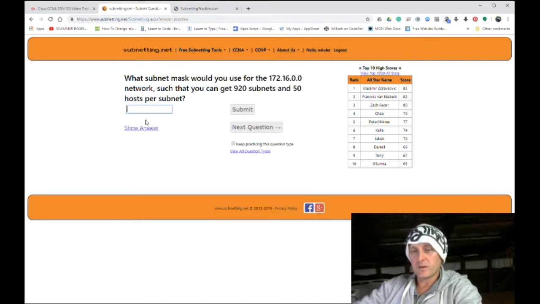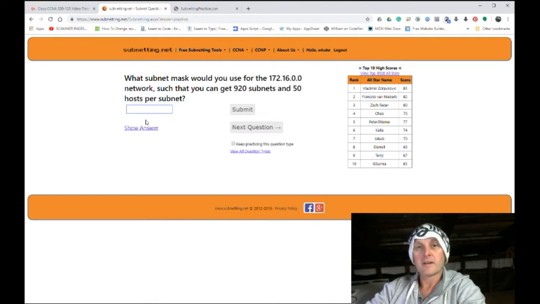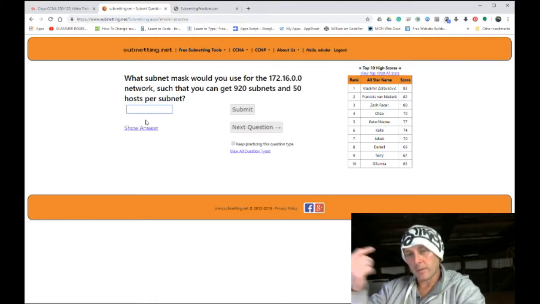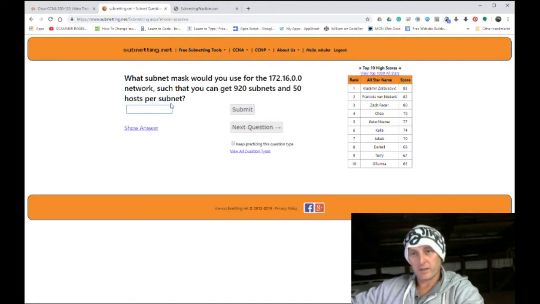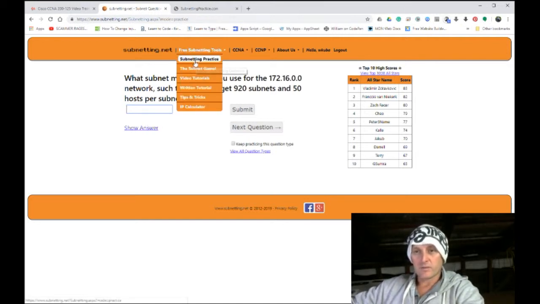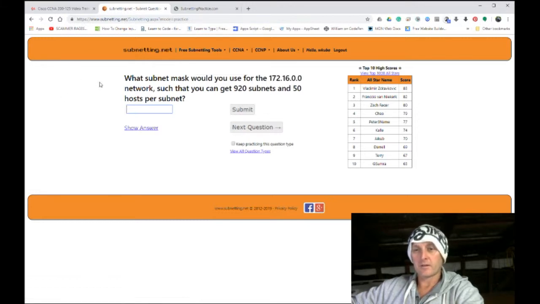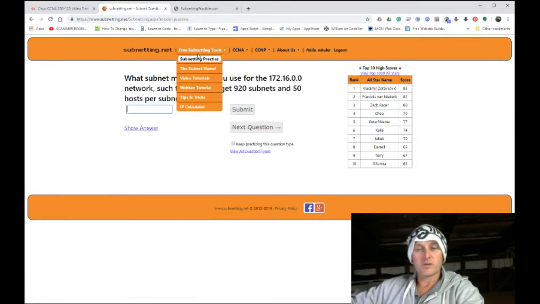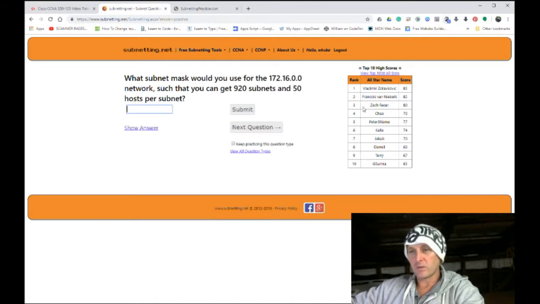Because you don't really have to do anything but type in the IP address or whatever it's asking, and then hit enter, enter, enter, enter. You don't have to do anything else but that. But when you've got the pop-ups happening, it slows it right down, and it's kind of annoying, and you don't really have any chance of doing a subnetting practice game because you have pop-ups, and in the pro version you don't, and it's all about how many questions you can answer within 5 minutes.